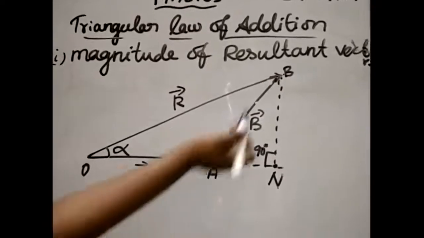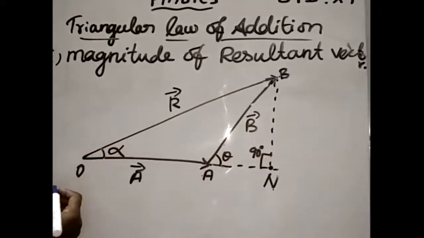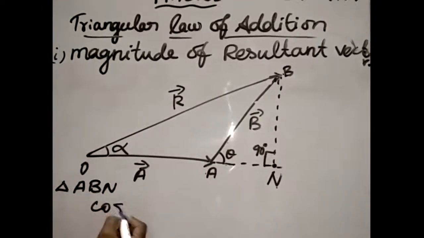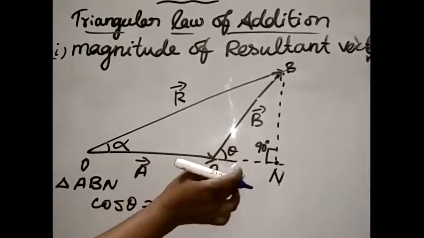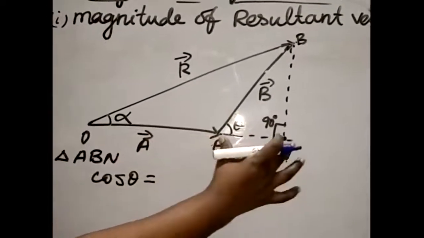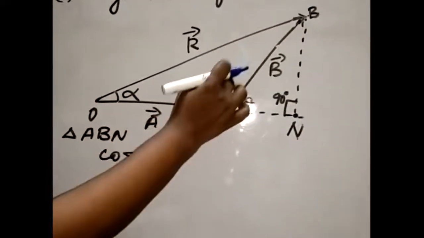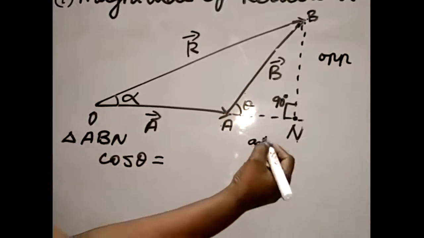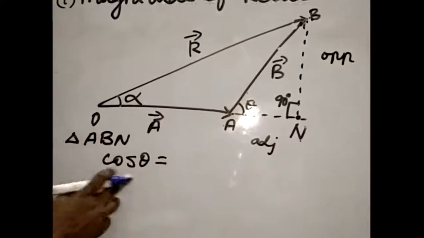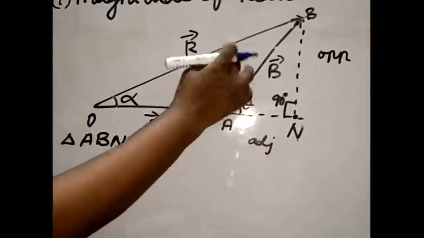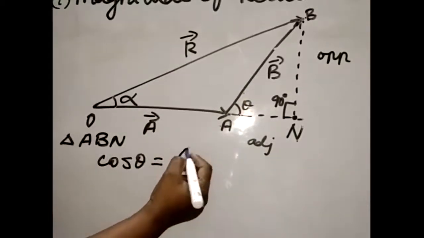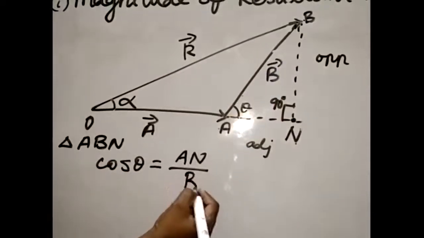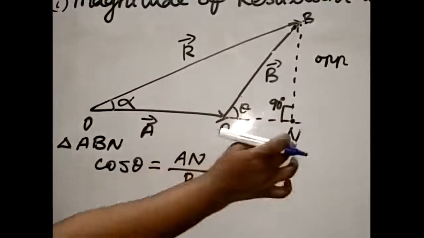Consider the triangle ABN. This one is a short triangle. Find out cos theta. The formula for cos theta is adjacent side by hypotenuse. This portion is adjacent side to theta. This portion is hypotenuse. This portion is opposite side. Now, the formula for cos theta is adjacent side by hypotenuse. This portion is AN by this portion AB. AB is called B. So from this formula we can find out the value of AN.